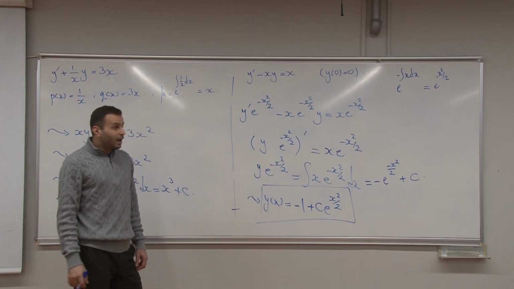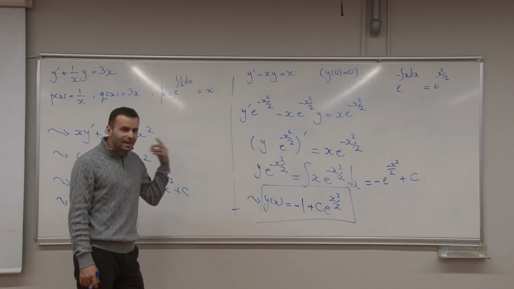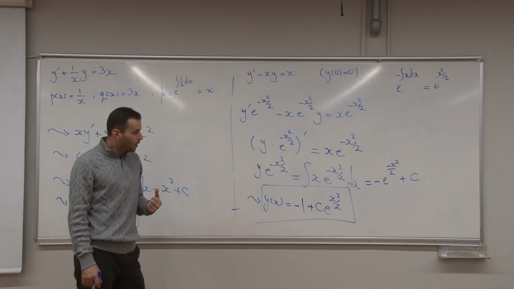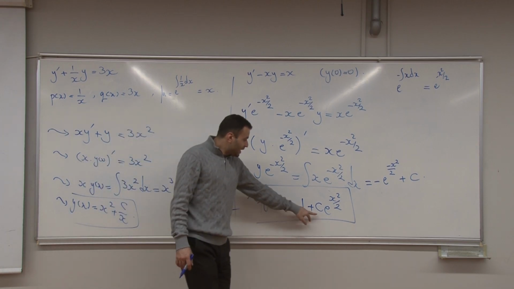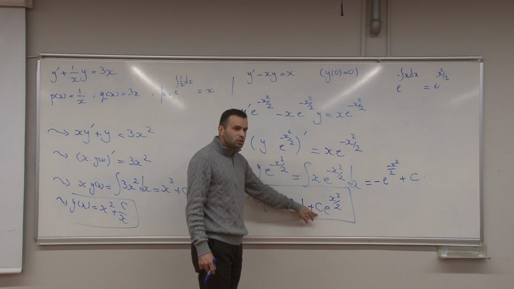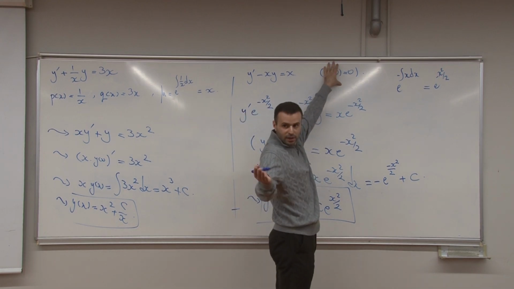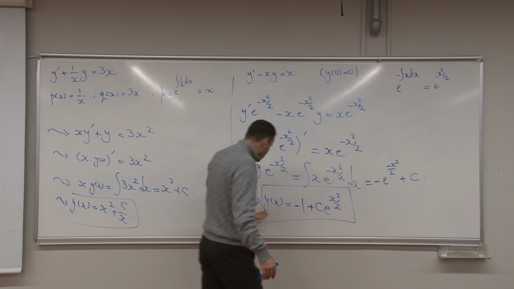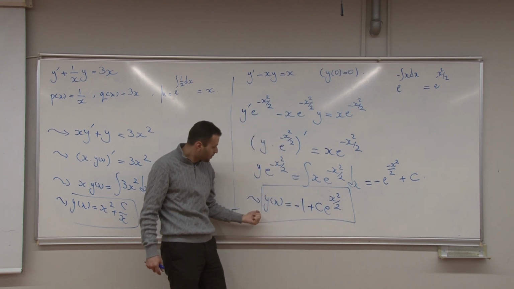But we are given an initial value problem. It is telling us to calculate the value for c such that whenever you place x equal to 0, you are going to get y of 0 equal to 0. So if we write x is equal to 0, what do we have here?